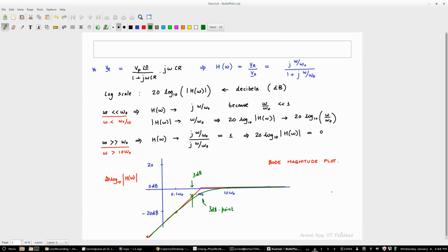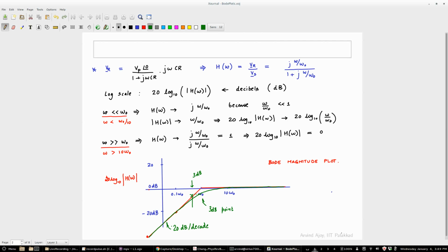So omega equal to omega 0 is also called the 3 dB point, or rather, it's minus 3 dB in this case, right? And you can also make a comment that in this region where the system attenuates the input voltage, you have a slope which corresponds to 20 dB per decade.